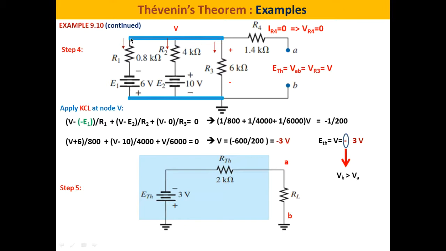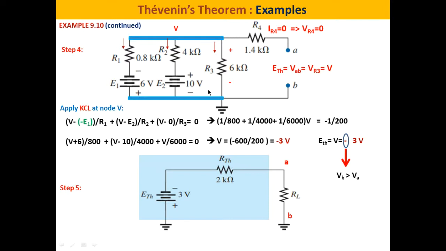So what is this current? It is the voltage at this point minus the voltage at this point divided by R1. What is this current in branch R2? It is the voltage V minus this voltage divided by R2. And what is this current? It is V minus 0 divided by R3. So the sum of all the currents leaving the node is equal to 0.